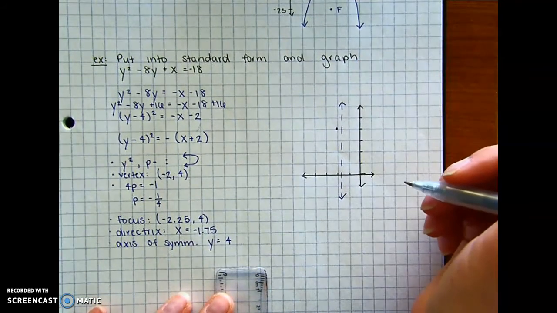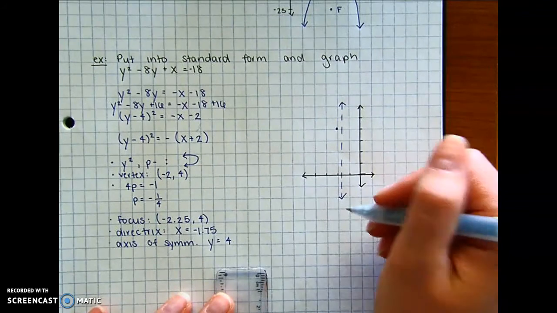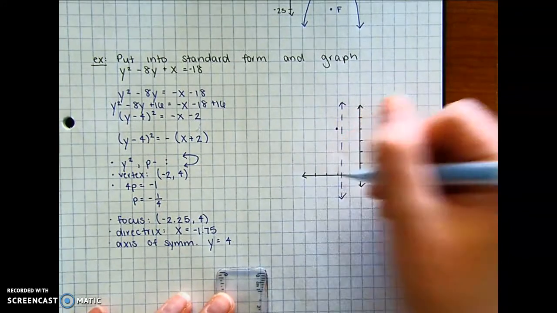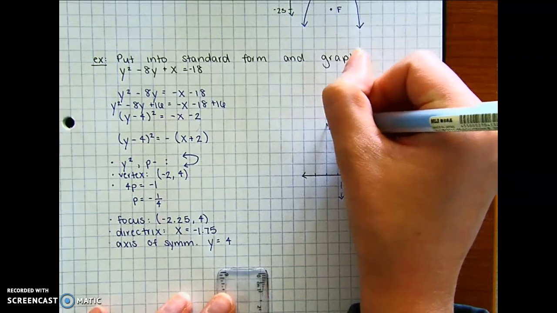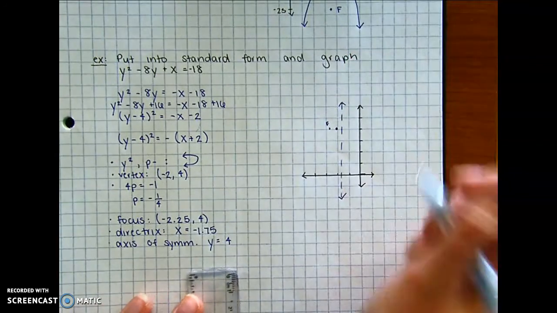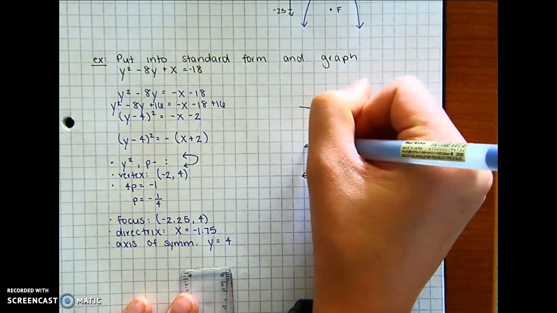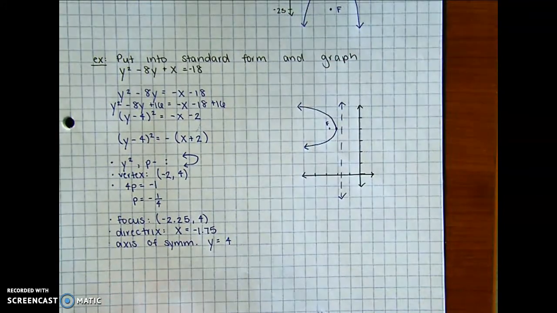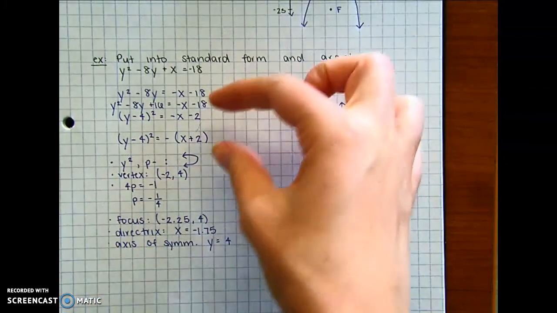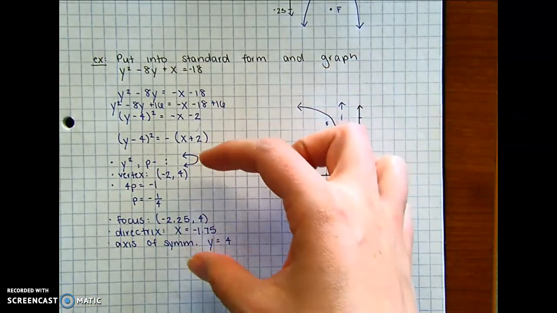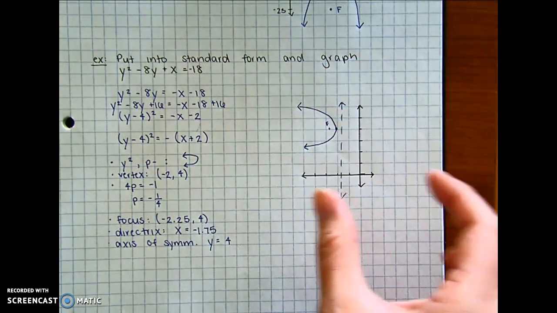And then my focus is at negative 2.25, so negative 1, negative 2.25. So close to the vertex. And then make our parabola. And we are good. So complete the square to get your equation, follow all your graphing steps, graph it.